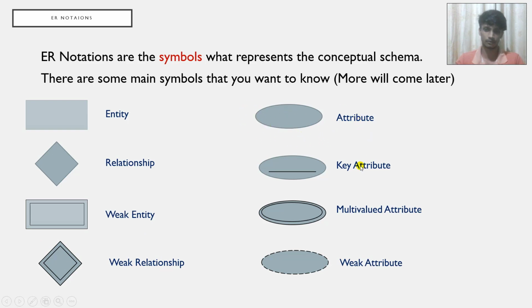There will be four attribute types at this stage. The first is the normal attribute, a general attribute, represented as a generic oval shape. The key attribute is also a generic oval shape, but there is a line to represent that it is a key attribute.